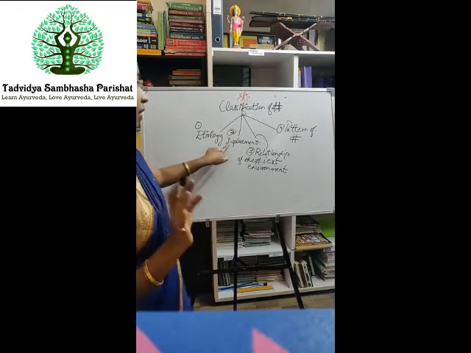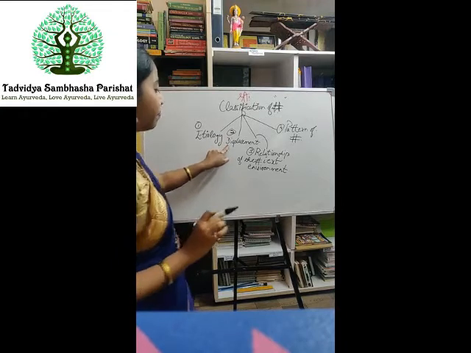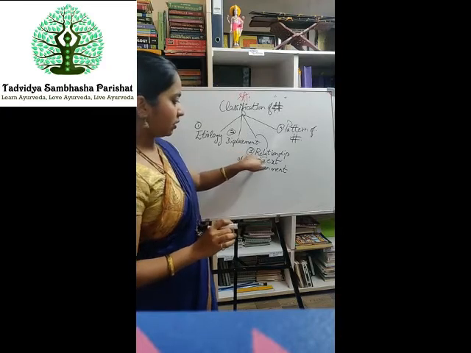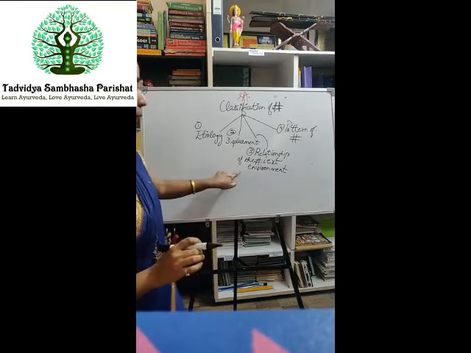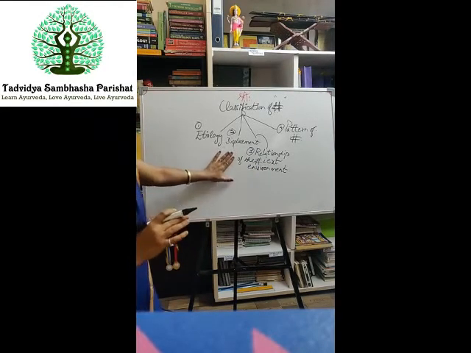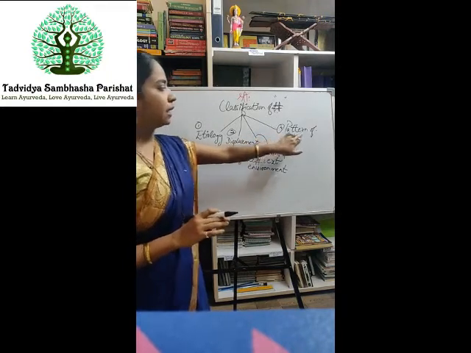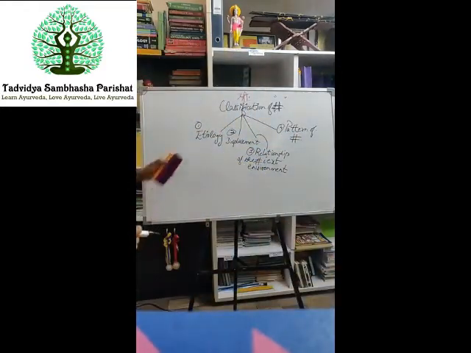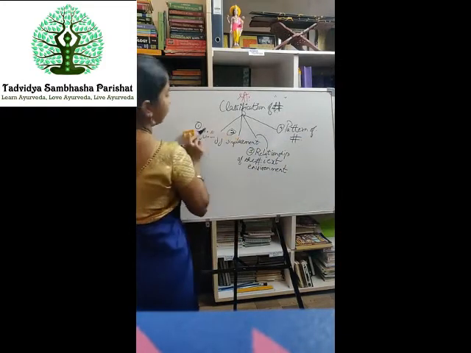The third is fracture classification based on the relationship of the fracture with the external environment. The fourth classification is based on the pattern of fracture. Now we will be dealing in detail with what exactly each of these consists of under its heading.